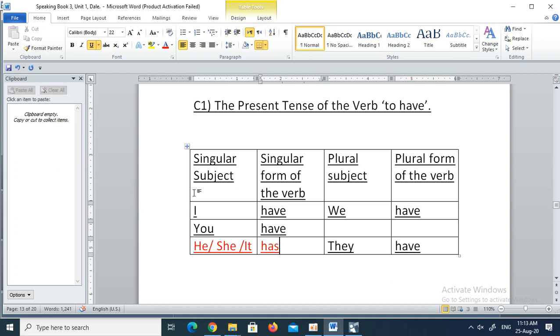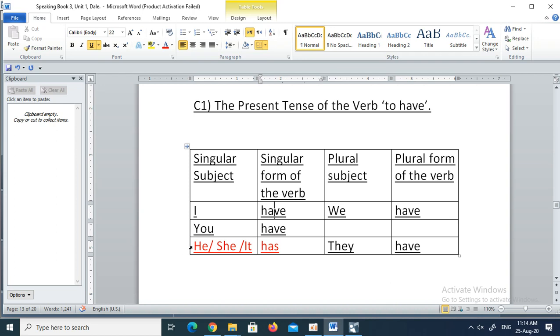Every other subject pronoun takes the have form. I, you, we, they all take the have form of the verb. So it's pretty easy. Just remember has for he, she, and it, and all the rest: I have, you have, we have, and they have. Okay.